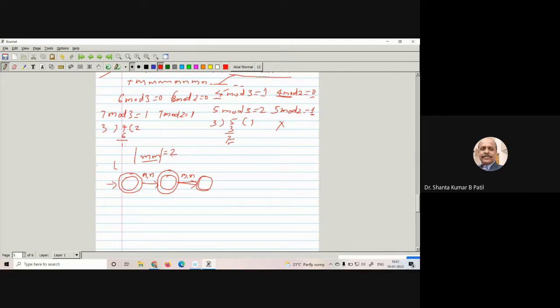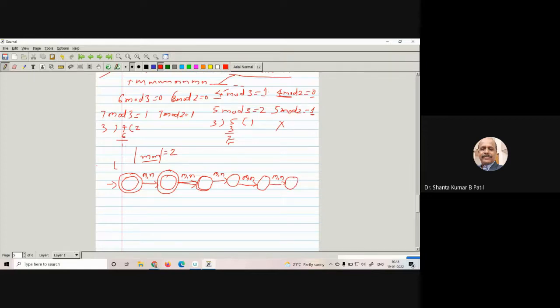In the case of mod 2, the answer is 0. Hence, 2 M's are not accepted. Even 3 M's are also not accepted. That's M comma N. So this is also a non-final state. 4 M's or 4 N's should not be accepted. Even 5 M's and 5 N's are not accepted.